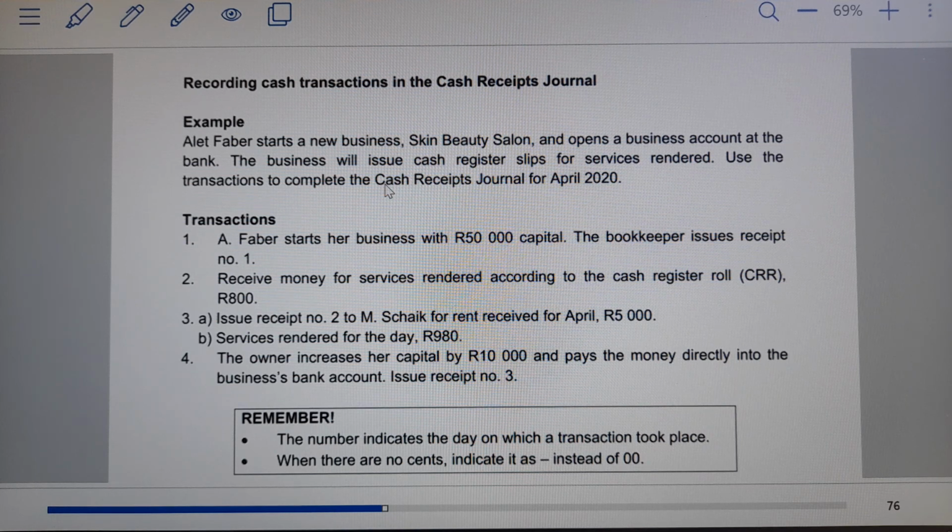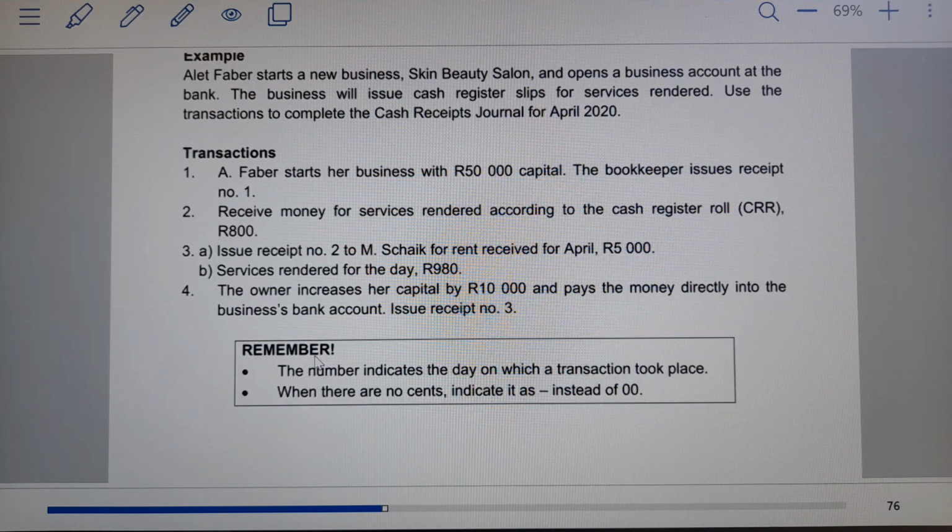Remember, in lesson number 9, we were completing the accounting equation. We were completing the effects on the accounting equation. Now it's the same problem, but we are completing the cash receipt journal. So we still have the same transactions. Remember, the number indicates the day on which a transaction took place. So which means here the transactions took place on day number 1, day number 2, day number 3, and day number 4.